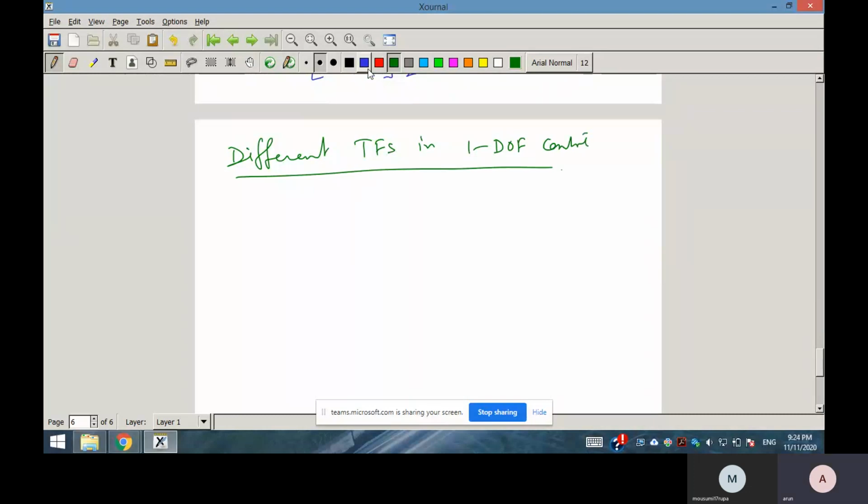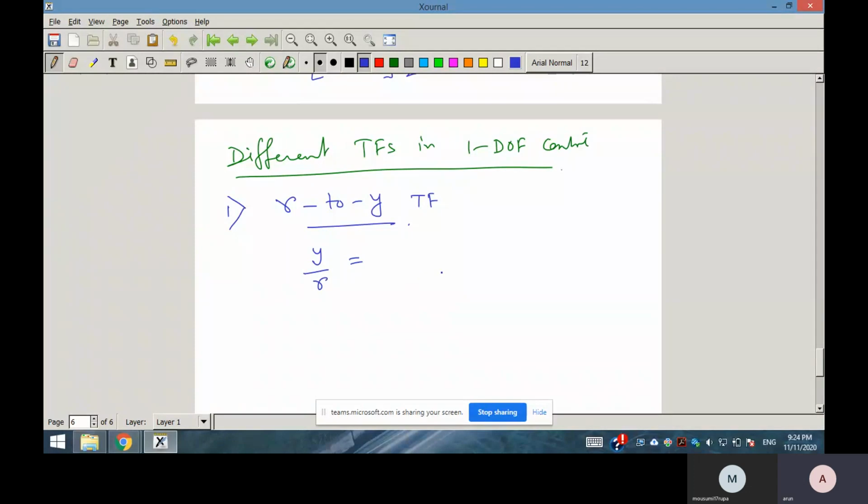What are the different transfer functions? One is R to Y. So R to Y transfer function is Y by R. I am writing in small letter, although I should not write. So this you can easily see. It is GH by 1 plus GH.